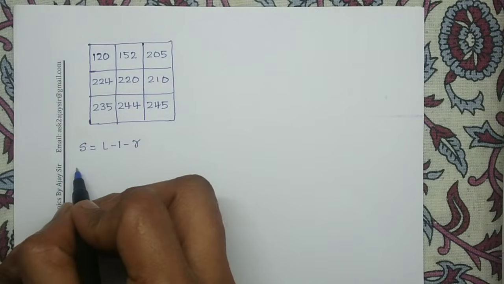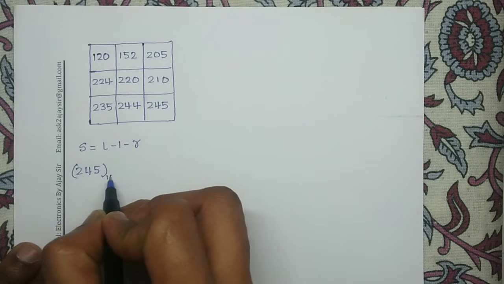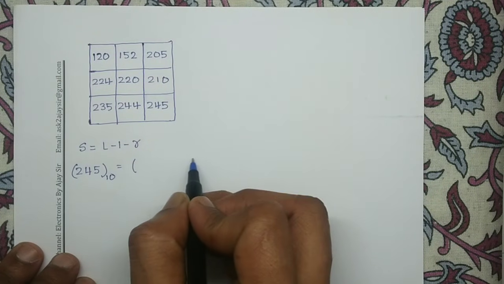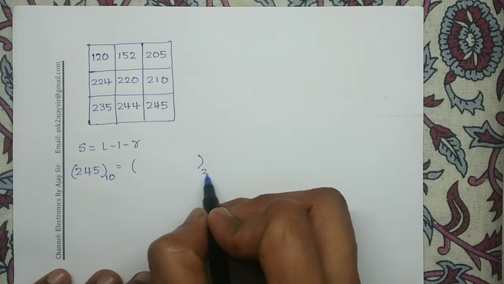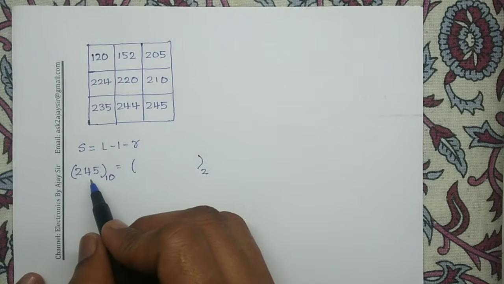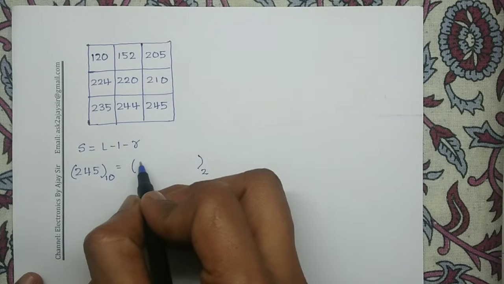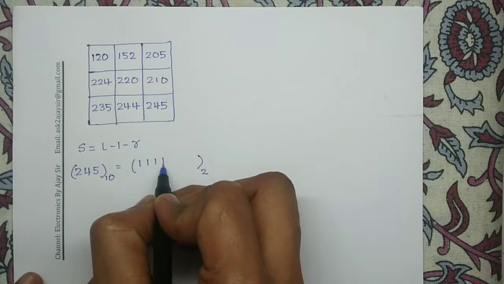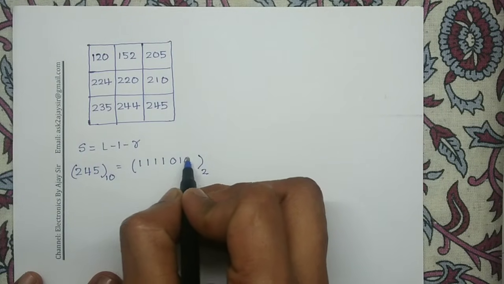So now we will represent this decimal number 245 into its binary format. So the binary representation of this decimal number 245 is 11110101.